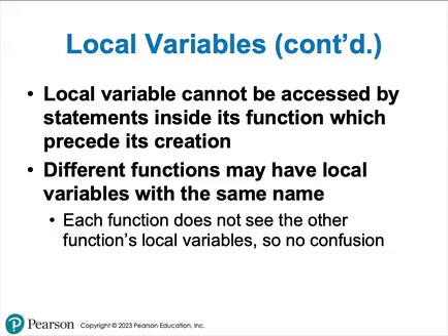The local variable has to be initialized before it is used. We can have variables of the same name, but that value for a function's local variable can only be seen within that function.